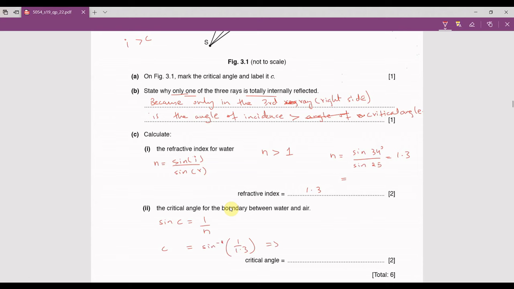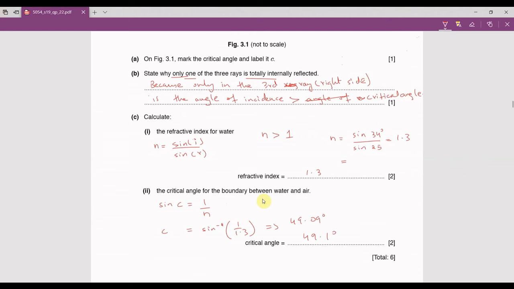And the answer turns out to be 49.09 degrees, but always round off your answer to 3 significant figures, so that would be 49.1 degrees. So that is that. Now we'll move on to question number 4.